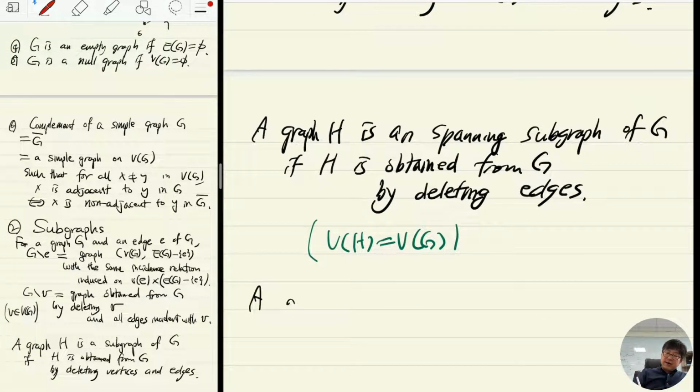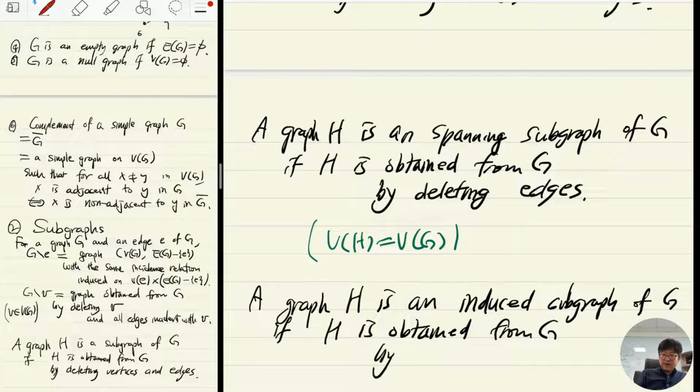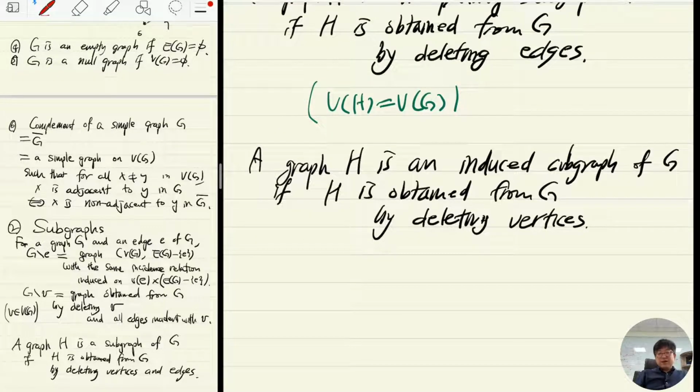And a graph H is an induced subgraph of G if, now instead of deleting edges, we delete vertices. H is obtained from G by deleting vertices. So I cannot say that E of H is equal to E of G in general, because when you delete a vertex, you delete all the edges incident with this vertex.